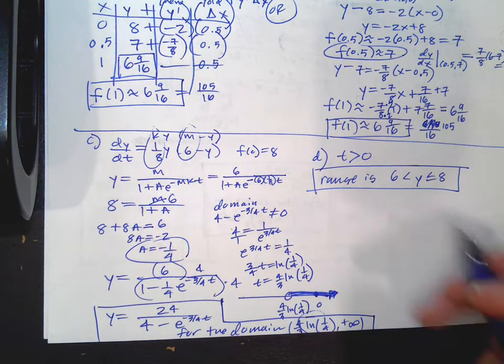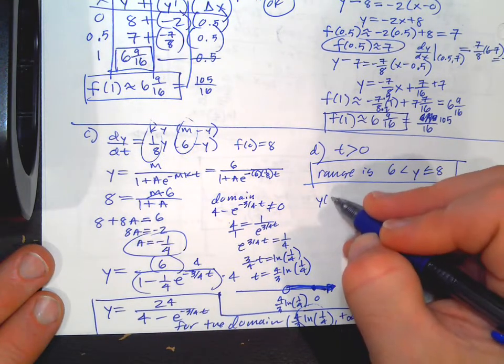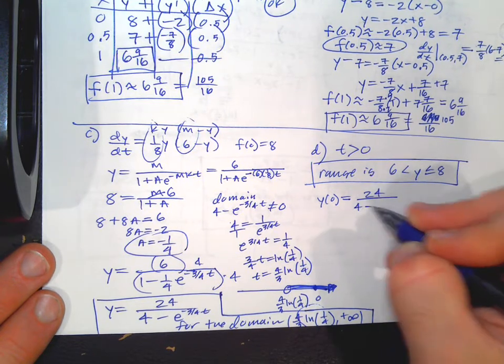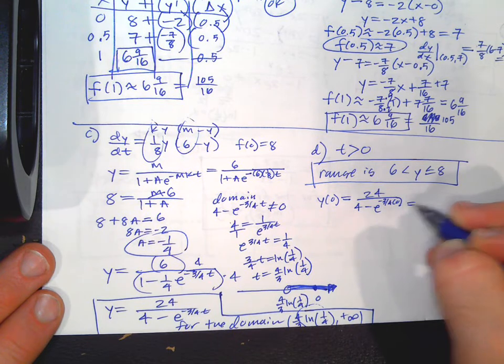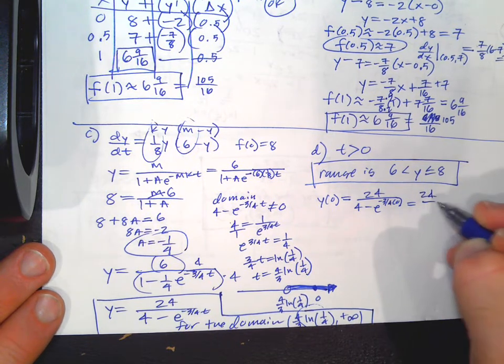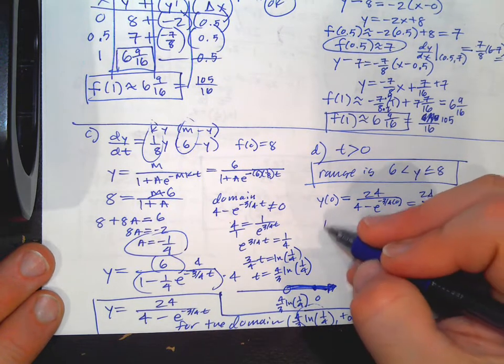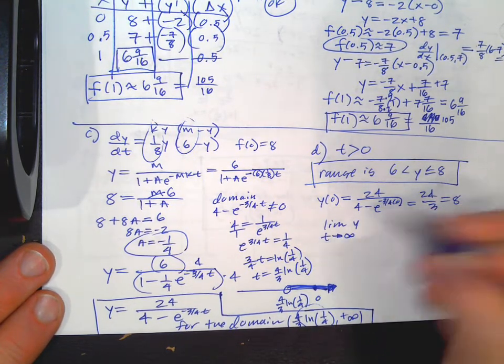Otherwise, you could plug 0 into your answer, which gives you the 8. Take the limit of y as t goes to infinity. See what happens as t gets bigger.